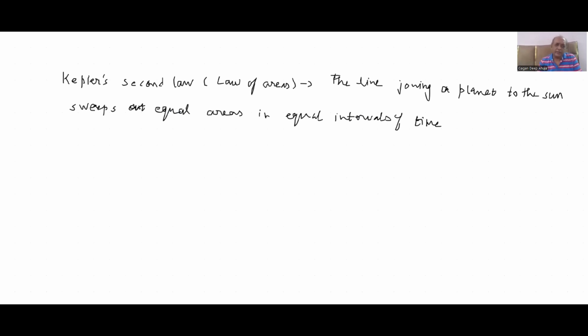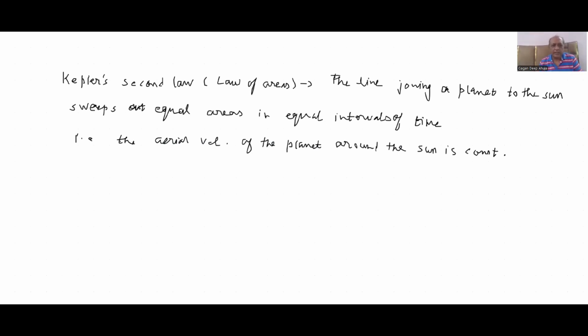Or we can say that the areal velocity of the planet around the sun is constant.